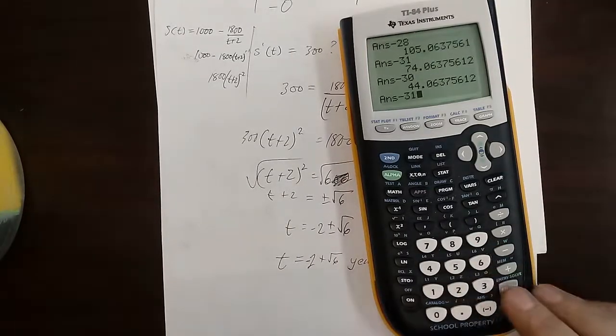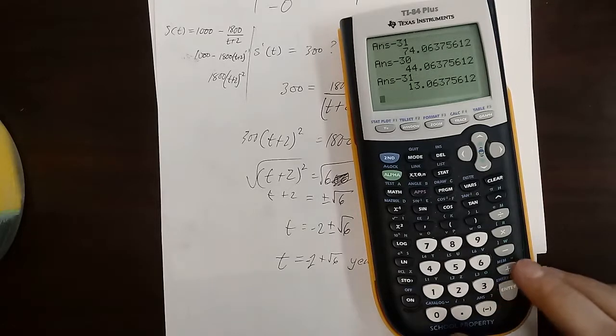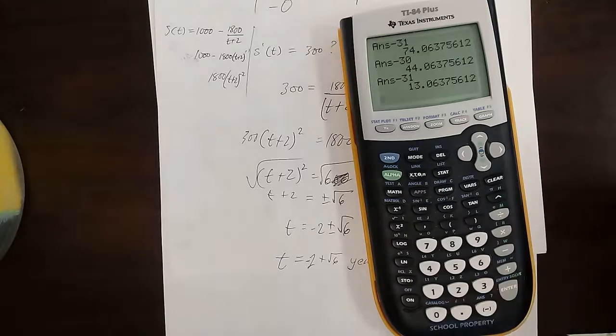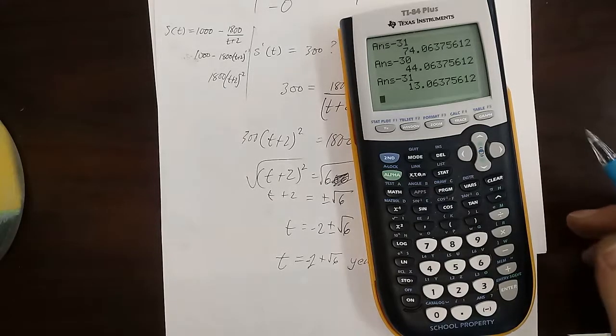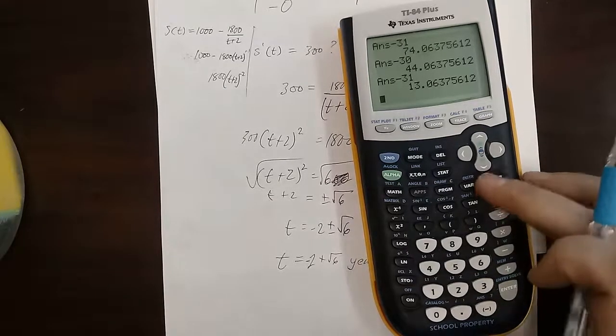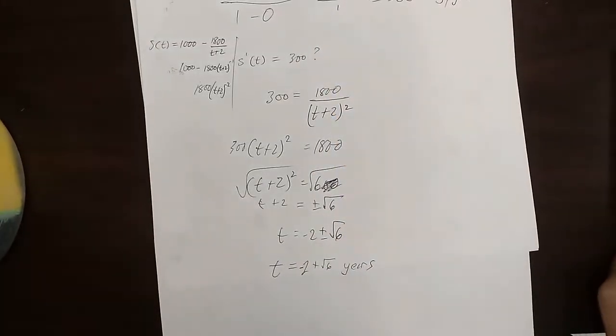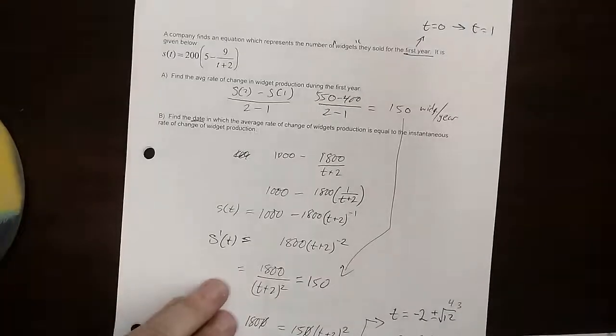Take away 31 for May. June 13th or June 14th. Something like that. Okay. And that is where I'm going to stop for now.